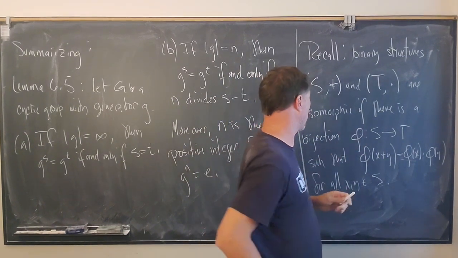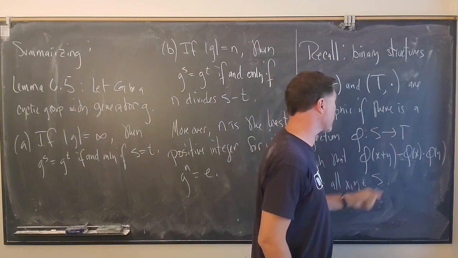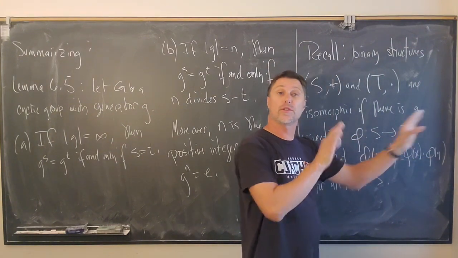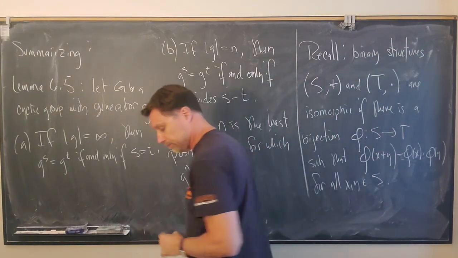It's a bijection that respects the operations in the two different binary structures.